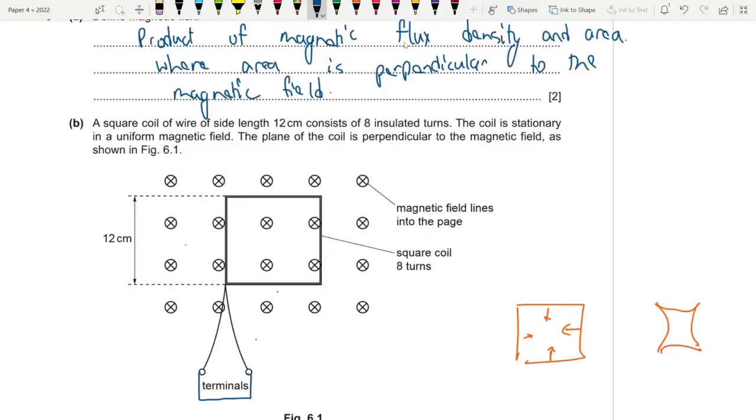So let's do that. To do this, you need to follow the left hand rule and basically Lenz's law. Use your left hand. The magnetic field lines are into the page, so your index finger should point into the page, or into the screen.